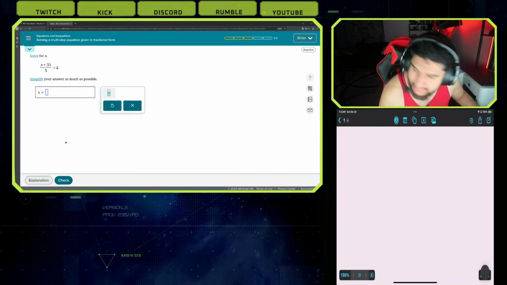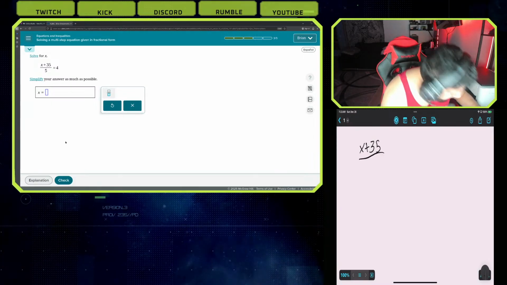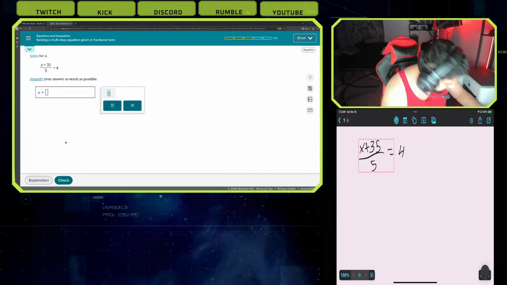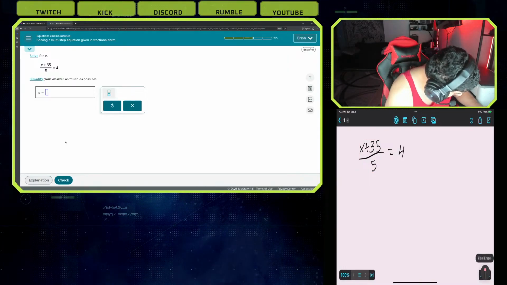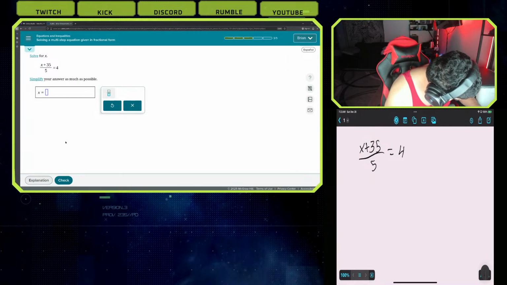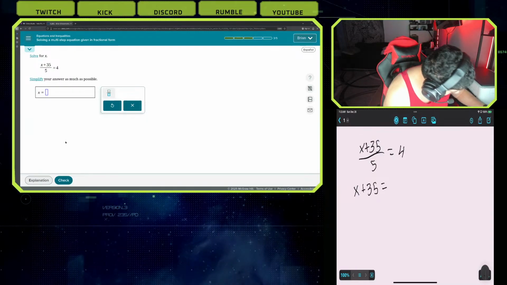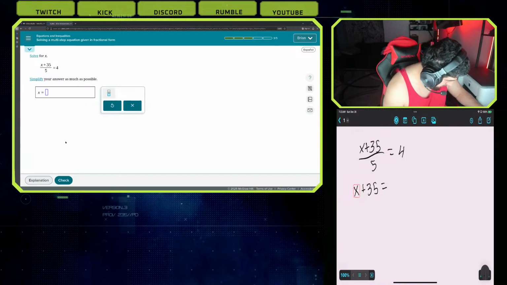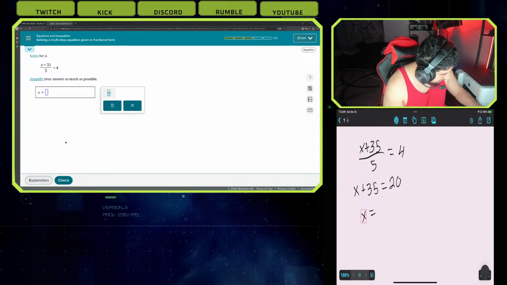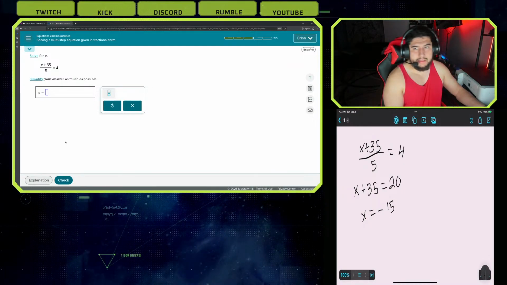Alright, so x plus 35 all over 5 equals 4. Alright, so x plus 35 equals 5 times 4, which is 20. X is going to equal a negative 15, because obviously it's going to be a negative.